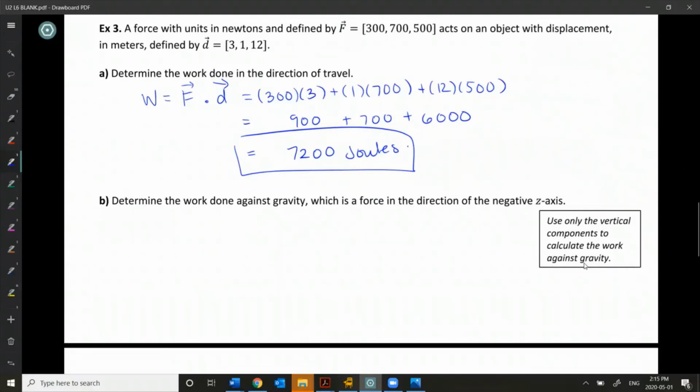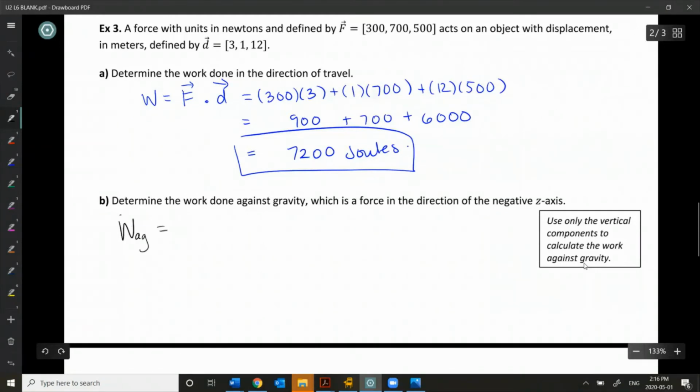The second part asks us to determine the work done against gravity, which is basically going to be the force. Gravity is going to be the force in the direction of the negative z-axis if we think about our 3D quadrant grid. This is our z-axis, which means the force of gravity should be going down in this direction. Now, in order to find the work done against gravity, what we'll need is just the vertical components, which are the z components of the vectors. So I'm still going to do the dot product to find the work against gravity. Maybe we'll just say AG for against gravity.